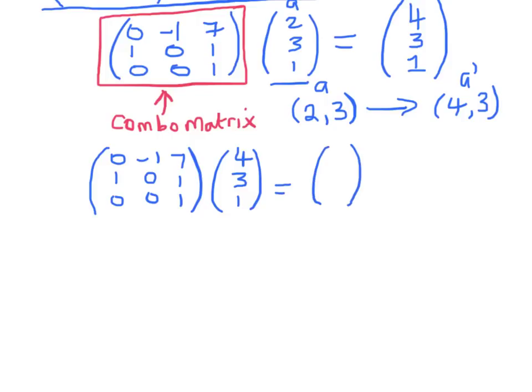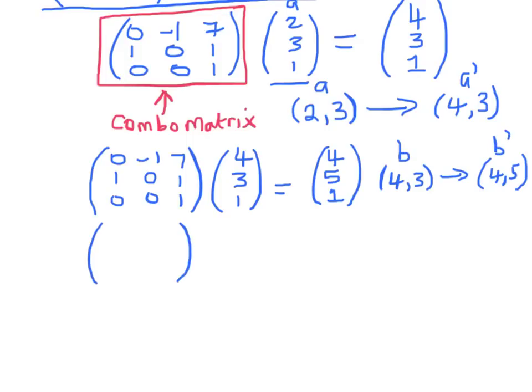And what we're going to do is 0 by 4 is 0, minus 1 by 3 is minus 3, 7 by 1 is 7, 7 minus 3 is 4, 1 by 4 is 4, 0 and 1, 4 and 1 is 5, and that's a 1. So for point B, which is 4, 3, it gets moved to 4, 5. Okay, so that's B, and that's B dash. If we apply the combo matrix then to C, C, if you recall, was 3, 6, 1.